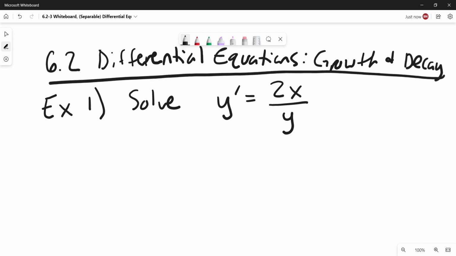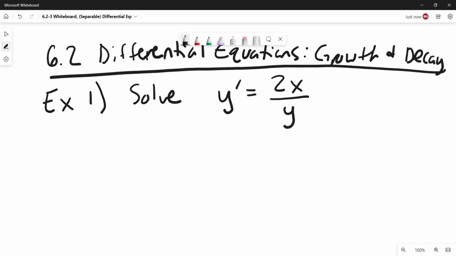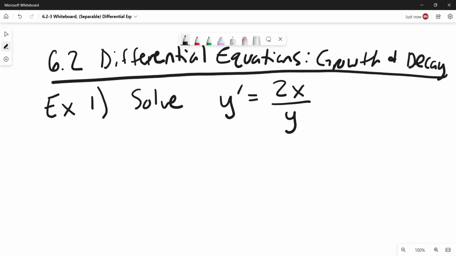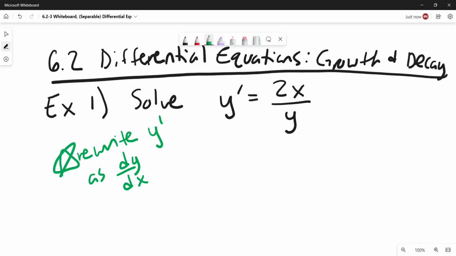Okay, so immediately I would tell you, and the book does not do this, rewrite y prime as dy/dx. Just always do that.